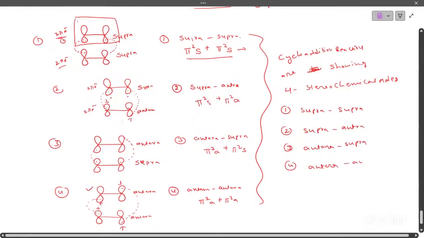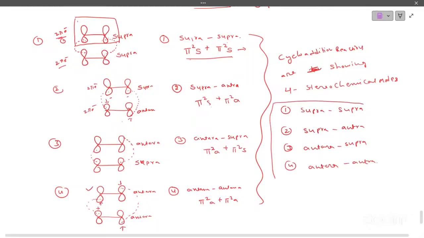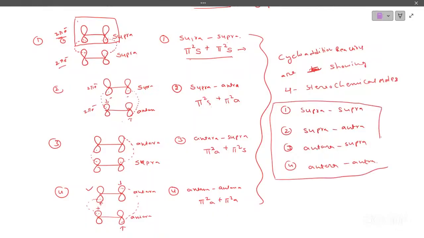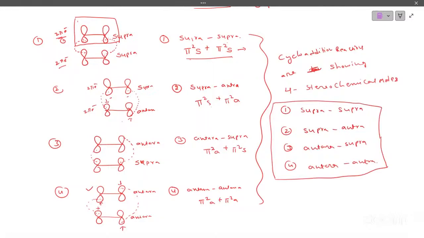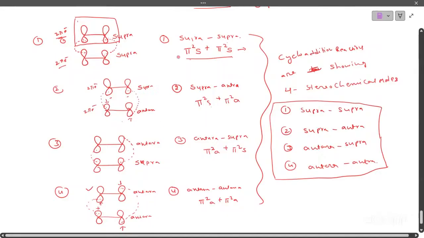That means any kind of cycloaddition reaction has the probability to show the four stereochemical modes: supra-supra, supra-antara, antara-supra, and antara-antara. These four kinds of stereochemical modes are shown by cycloaddition reactions.